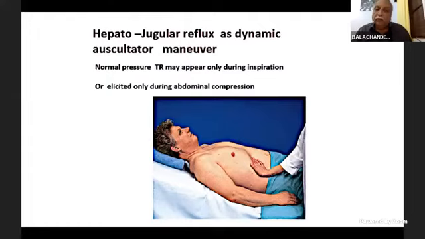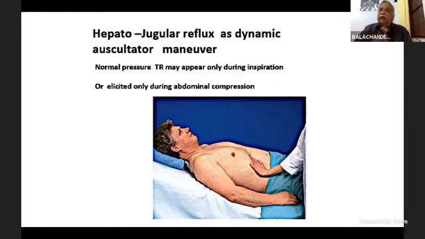Now, one question is: can a hepatojugular reflex be used as a dynamic auscultatory maneuver? Because as you know, hepatojugular reflex, which is called the Pasteur-Rondeau maneuver, can be used to determine the left atrial pressure. Pulmonary capillary wedge pressure is more than 50 if the hepatojugular reflex is positive.